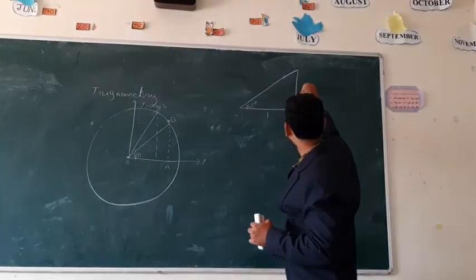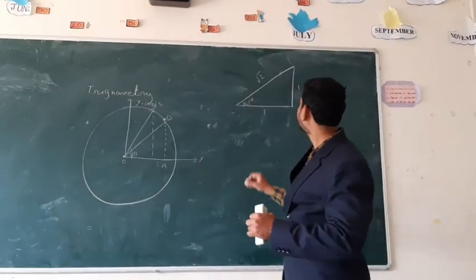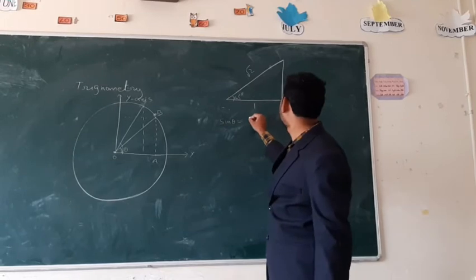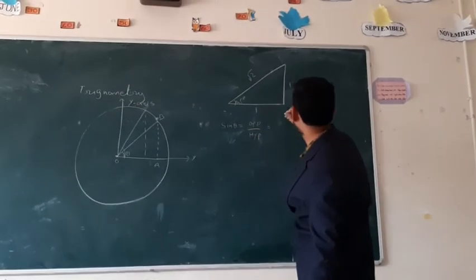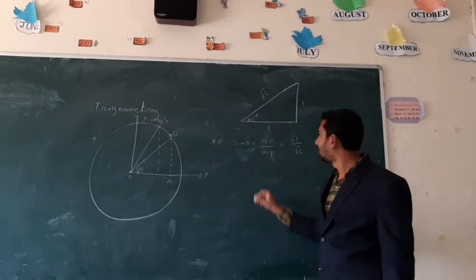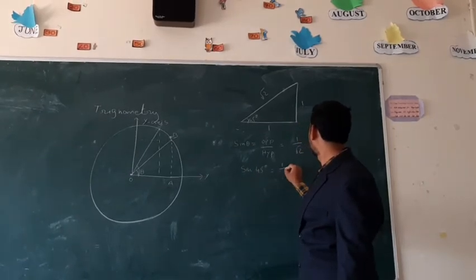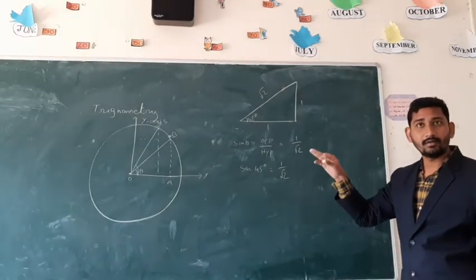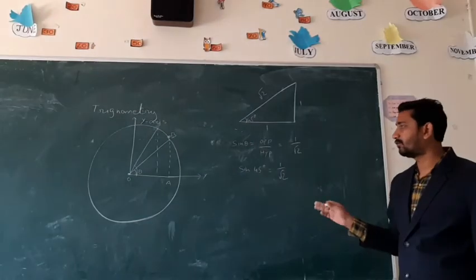If the sides are 1 and 1, according to Pythagoras theorem the hypotenuse is root 2. Here opposite side is 1, hypotenuse is root 2. So sin 45 is 1 by root 2. Before I wrote root 2. So 1 by 2, 1 by root 2 and root 3 by 2.